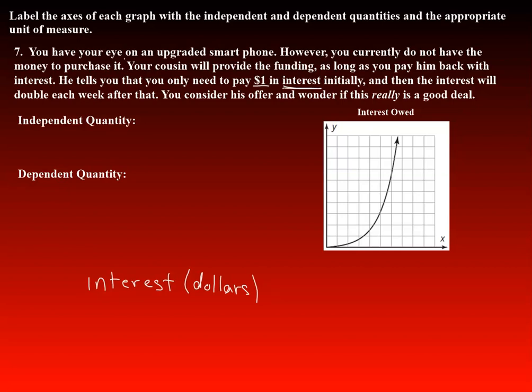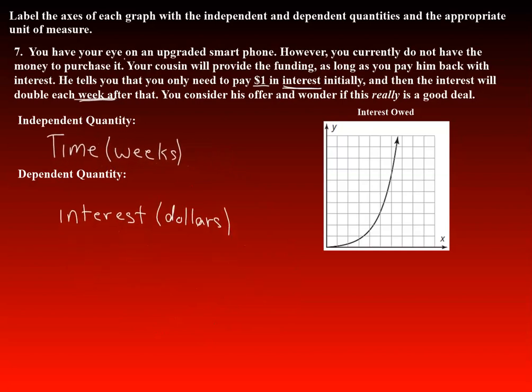And then we also have a unit measure of weeks. And we know weeks is time. And as I mentioned before, time is not something that depends on other things. So that has to be the independent variable. And the interest then must be the dependent variable.